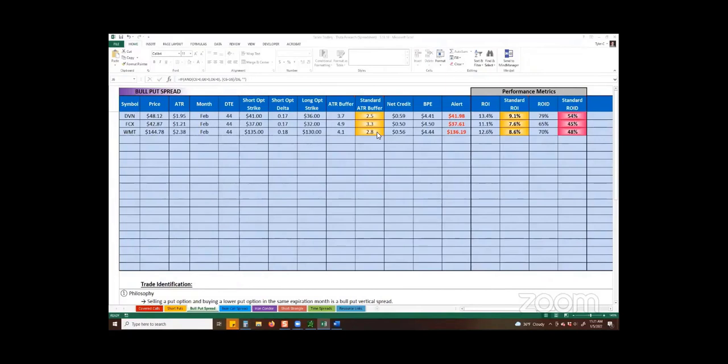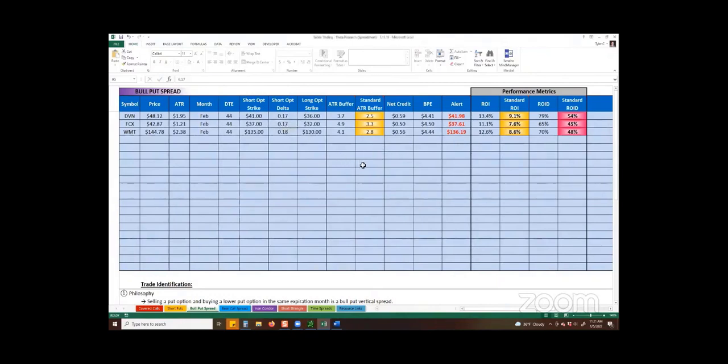If you're getting an additional 0.8 ATR buffer and the other metrics are fairly similar, which they are, it's not even close to me. That's an automated one, because that gives you an entire ATR, an entire day, 30% more range that you are selling on FCX than you're selling on DVN, and you're selling the exact same delta.